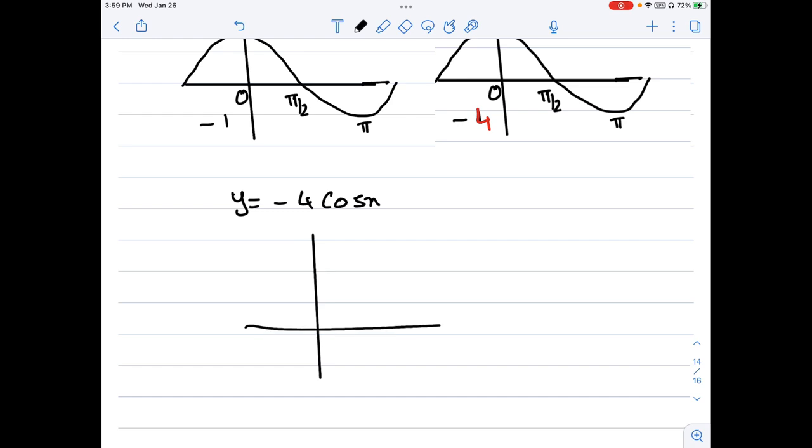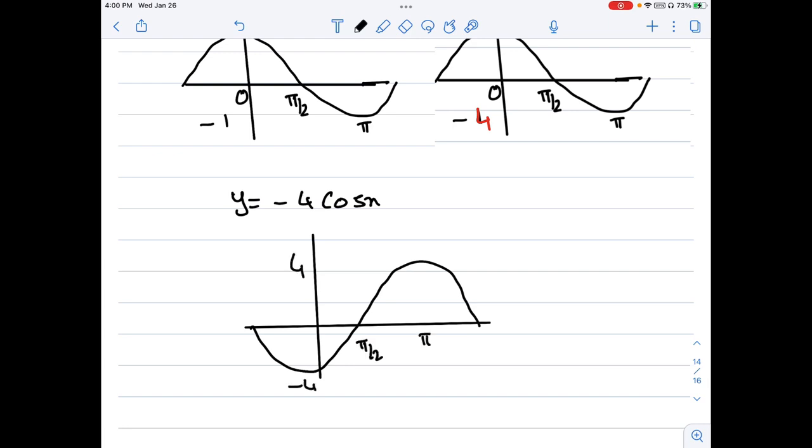Flip it upside down. So this will be negative 4 and 4, 0, pi by 2 and pi. Next I want y equal to 3 minus 4 cos x. So move this graph 3 units up. So what will be my final graph? This goes 3 units up.